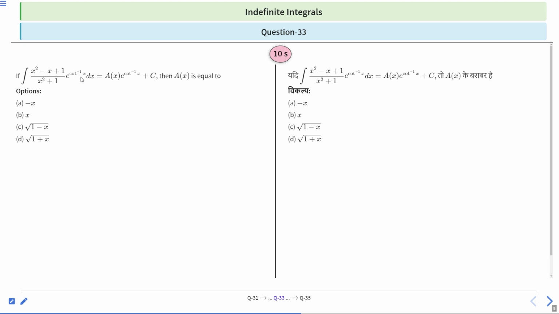So you can think of some substitution or simplification, so that you convert this equation into such a form that it will be easily integrable. So try to think about which substitution or simplification we can apply. You have 10 seconds to solve and think about this question. After 10 seconds, we will discuss the solution.